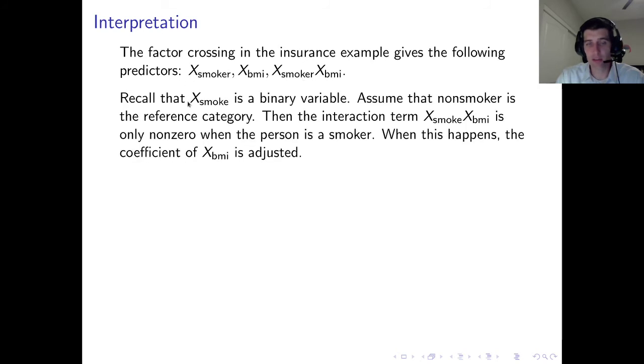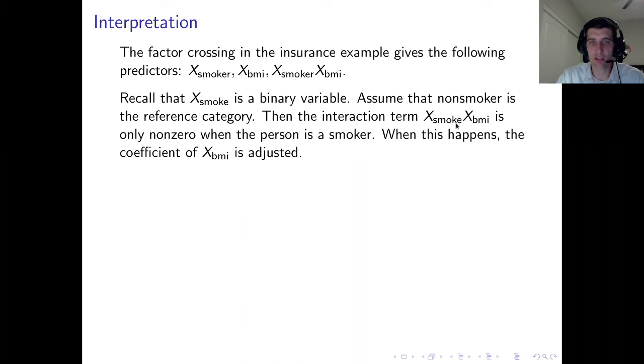Remember that X smoke, or smoker, here I've dropped the R, but I'm referring to the same variable, is a binary variable: 1 if the individual smokes, 0 if the individual does not smoke. I'm assuming that non-smoker is the reference category, so X0 is the non-smoker.